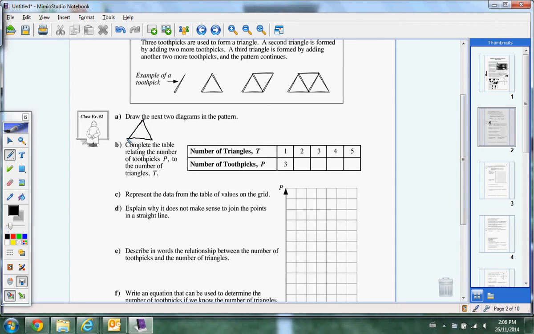let's see here. That's where we're at now. So I'm going to add 2 more. So it's going to be 1, 2. That's the next one.